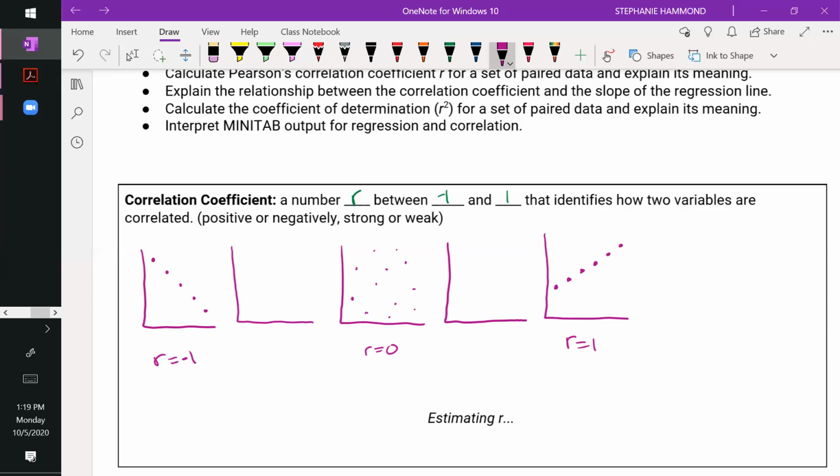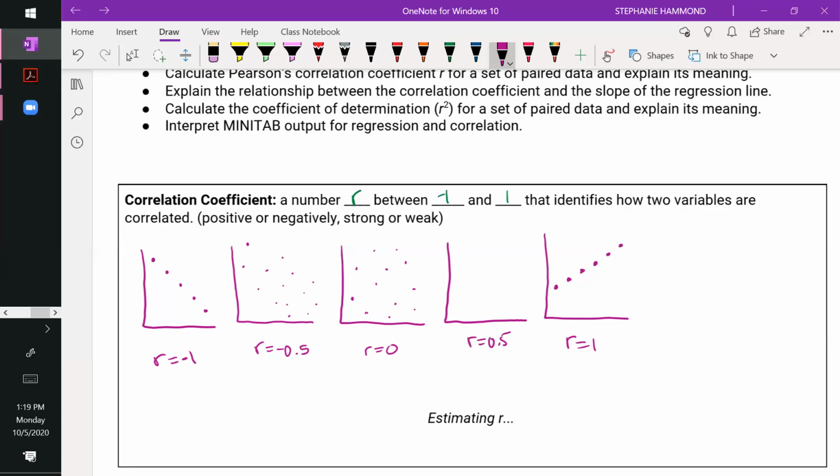Okay, R equals -0.5. That means we have a negative slope left to right. It's kind of going down left to right, but our data is pretty spread out here at 0.5. I'll just draw negative, very spread out there. And the same thing for a positive 0.5.